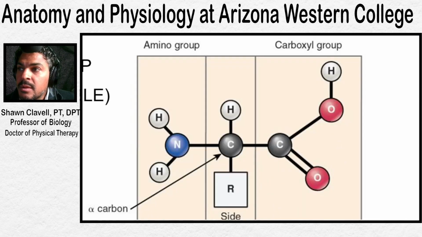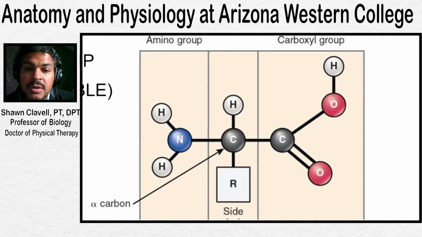On one side of the central carbon there's an amine group. The amine group is basic, meaning it is a proton acceptor. The carboxyl group is acidic, meaning it will readily give its hydrogen, so it's a hydrogen or proton donor.